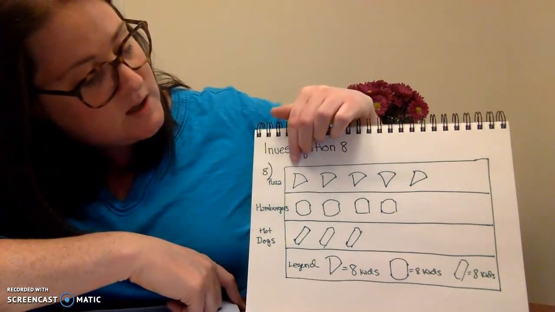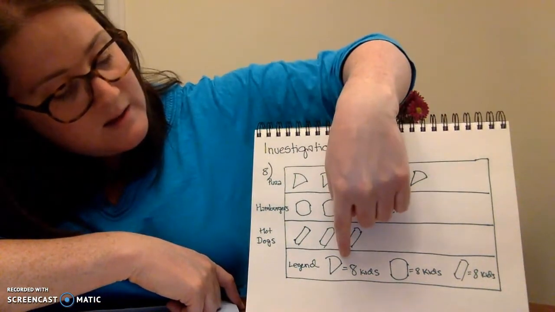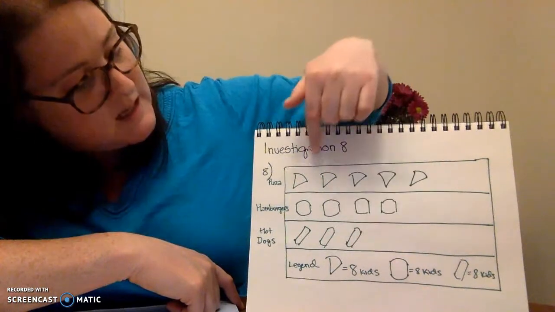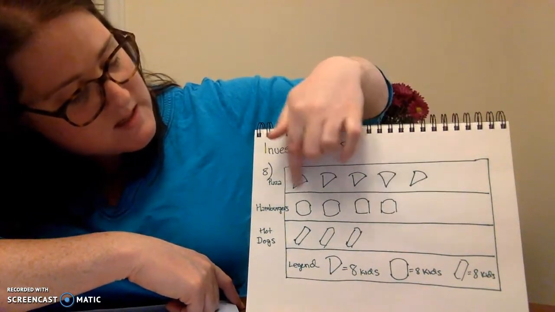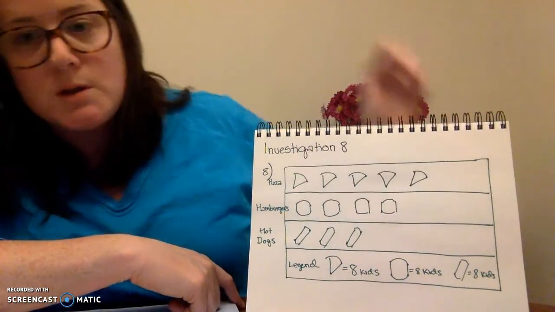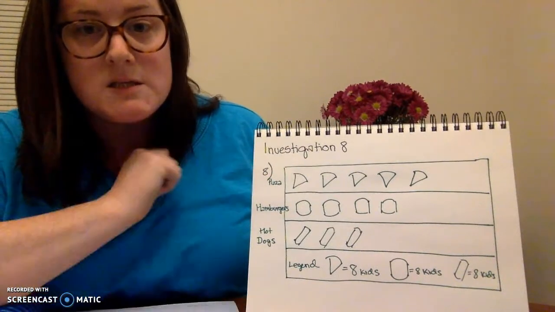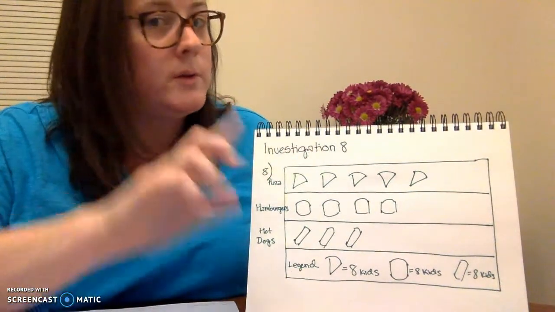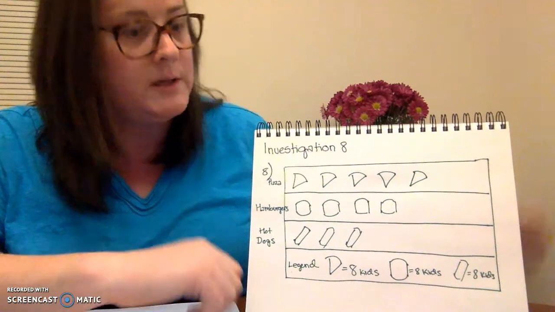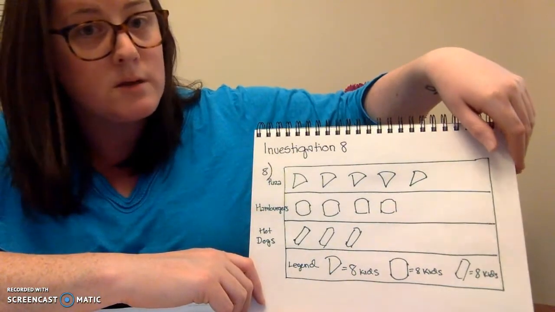So here, if each pizza represents 8 kids, I only need 5 pizzas, 4 hamburgers, 3 hot dogs. This is what your pictograph should look like, although I'm sure yours is much more beautiful. You're excellent artists, all of you.